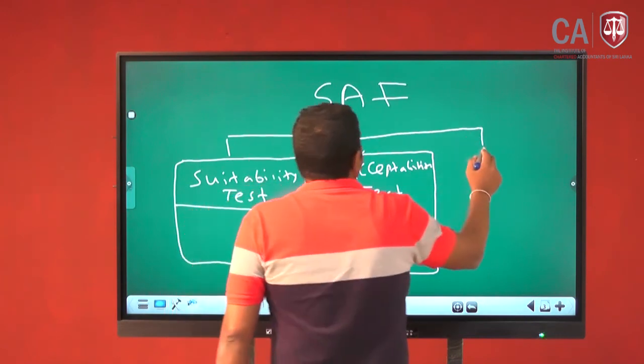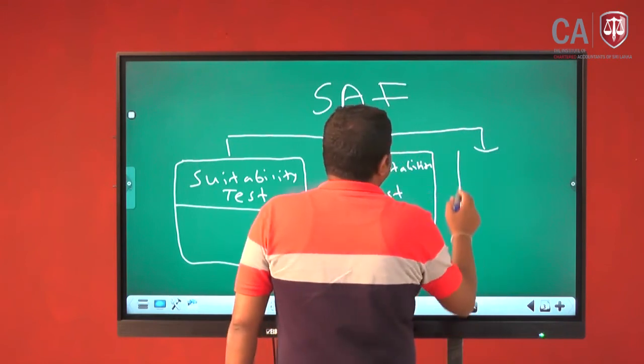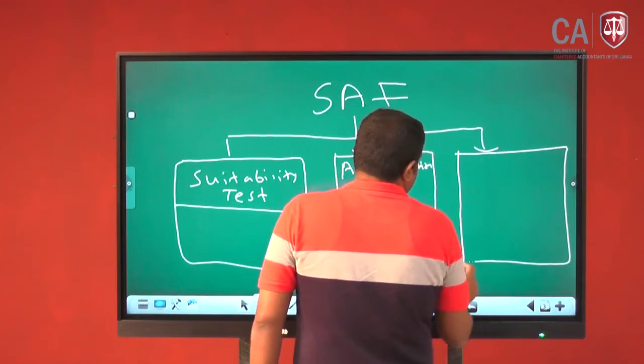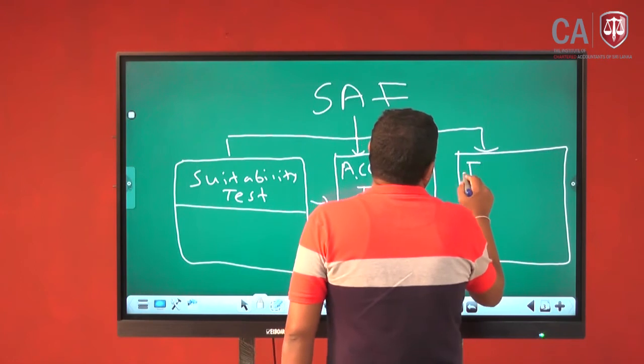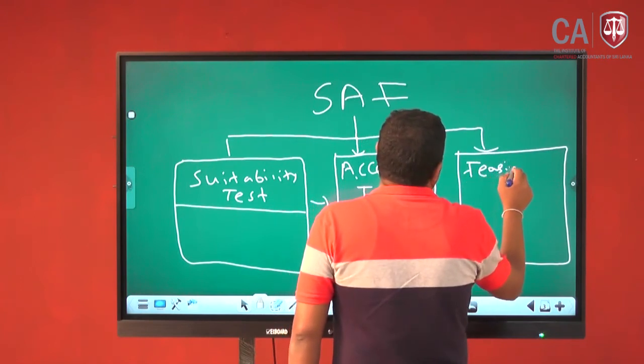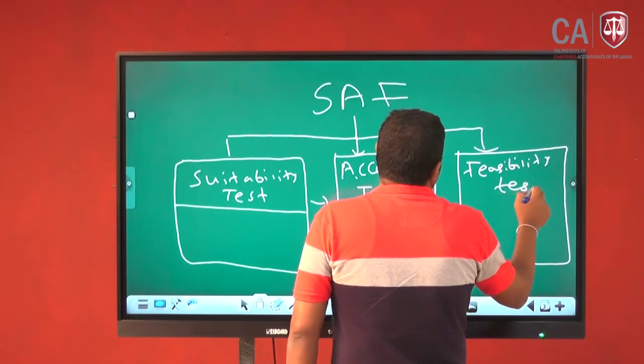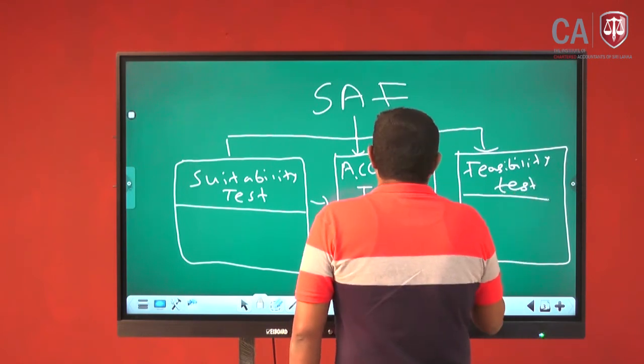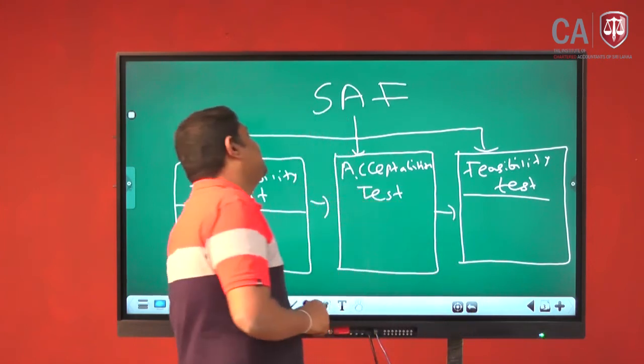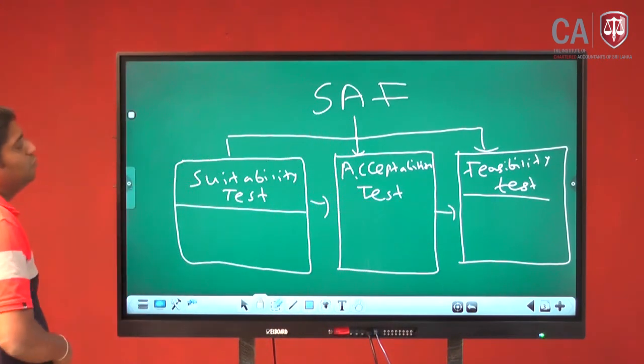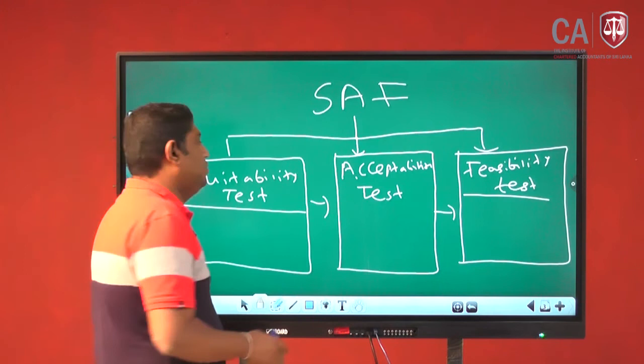Then the third one is the feasibility test. So, after the acceptability test, we move to the feasibility test.